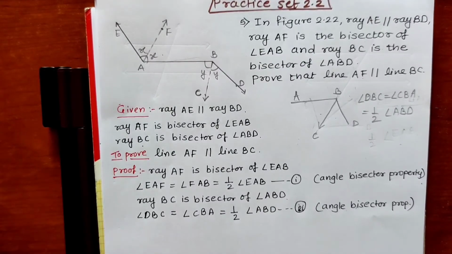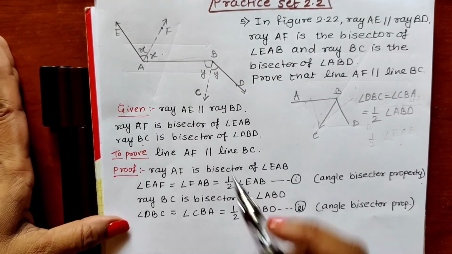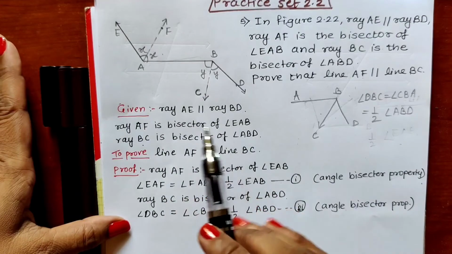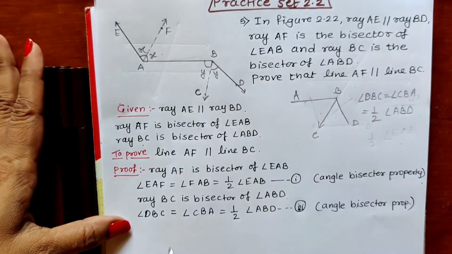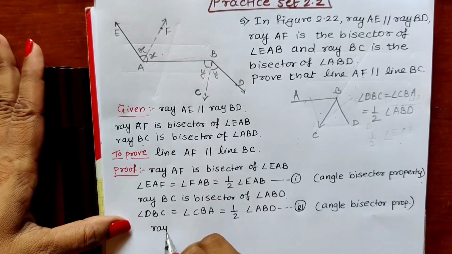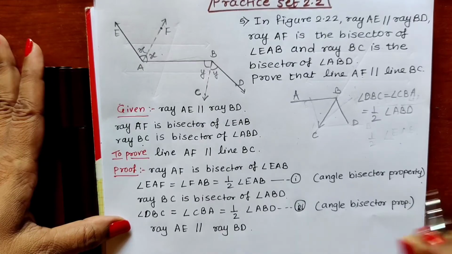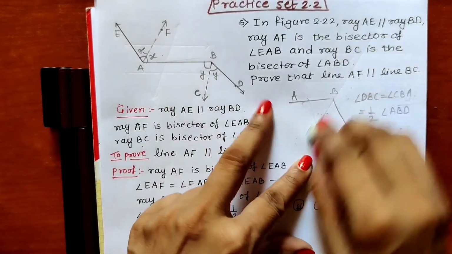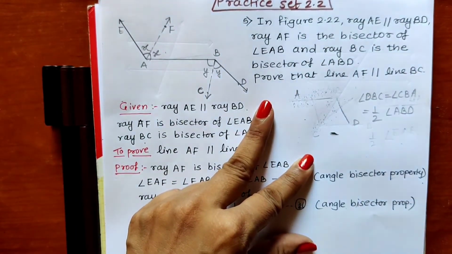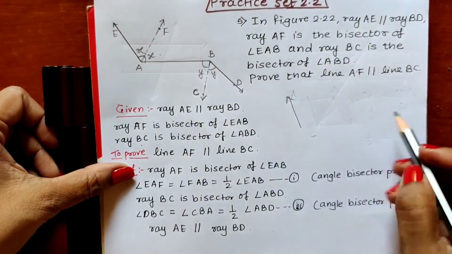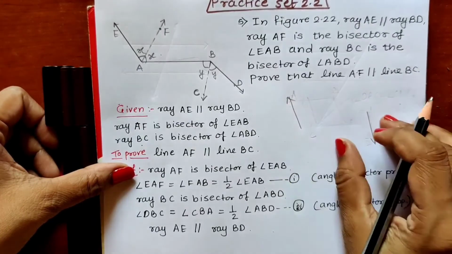Okay, now next we have given this ray AE is parallel to ray BD. Okay, AE and BD are parallel. So I will be writing here ray AE is parallel to ray BD. I will be showing you again here. So this ray AE and ray BD, these two rays are parallel to each other.